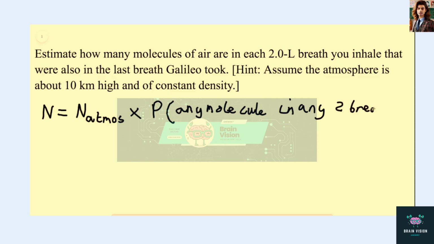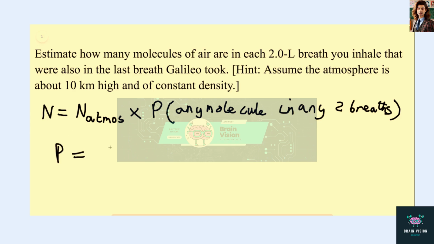We're assuming the two events are independent, so the probability of any molecule being in any two breaths is simply the probability of it being in any one breath, squared.